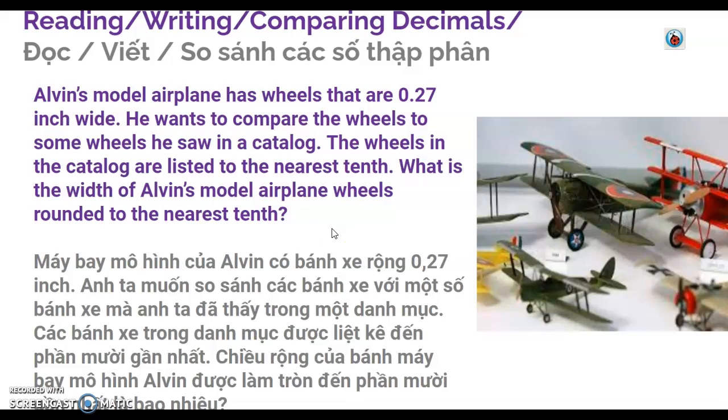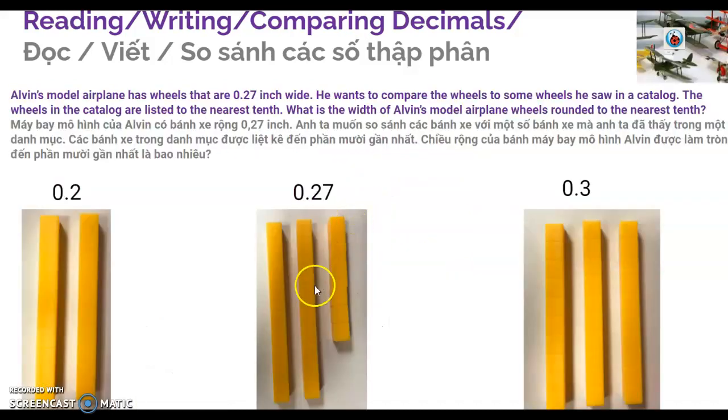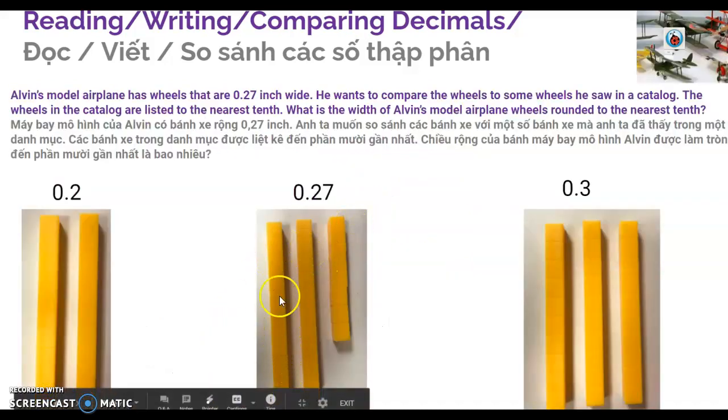So the first thing when I think about this, because I know I'm rounding and I hear the word tenth, the first thing I really want to do is show you what 27/100 looks like when I use my place value base 10 blocks. Okay. Here we have 1/10, 2/10, 7/100. So here's my 27/100.